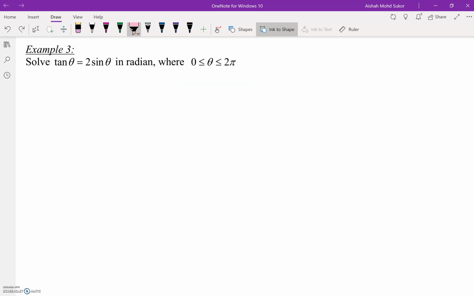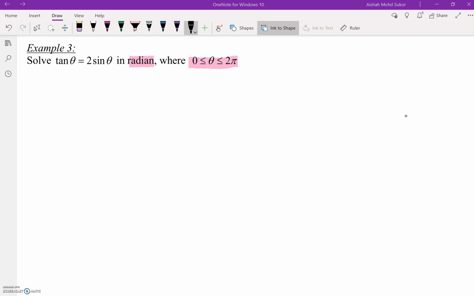Example 3, solve tangent theta equals to 2 sin theta in radian, where theta lies between 0 to 2 pi. So now you already know how to solve the trigonometric equations, such as sin theta is equals to any constant, cos theta is equals to any constant, and tangent theta is equals to any constant.